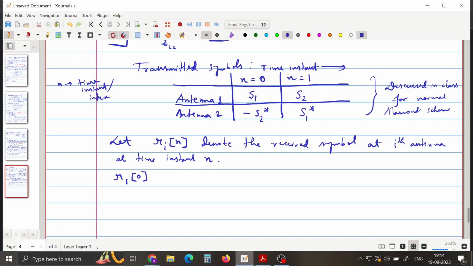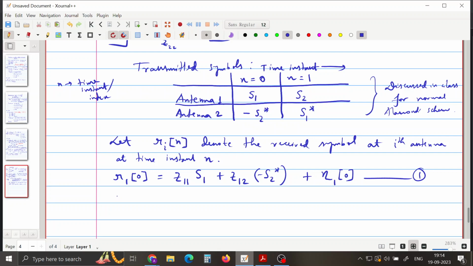You are transmitting S1, and that coefficient was Z11 times S1, and you are also transmitting minus S2 conjugate from the second transmitting antenna, and that coefficient was Z12 times minus S2 conjugate, plus let me call the noise eta 1 of 0, corresponding to R1. Let me call this equation 1.